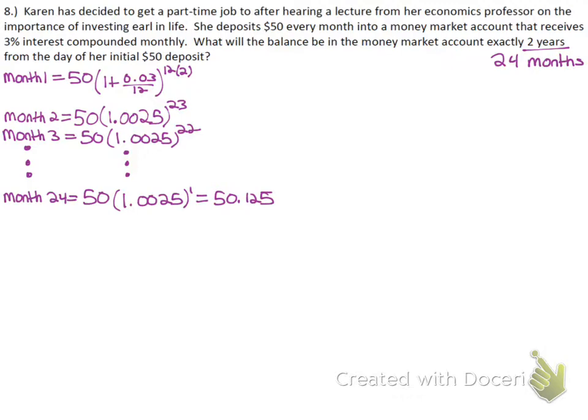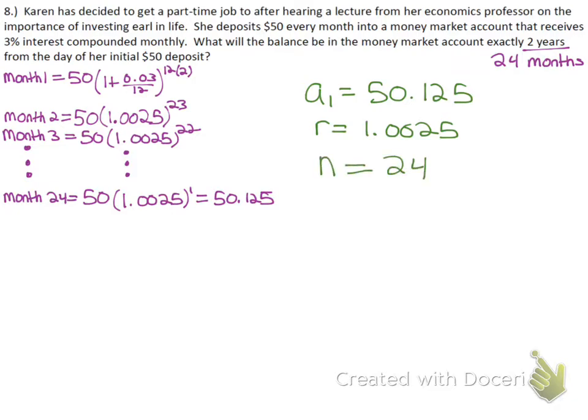So let's go ahead and gather what we need in order to find the sum of this particular problem. We know that a sub 1 is 50.125. We know that our r is 1.0025. You notice that that is what's in parentheses for each term. And we know that it's going to be for a total of 24 months, therefore n equals 24.